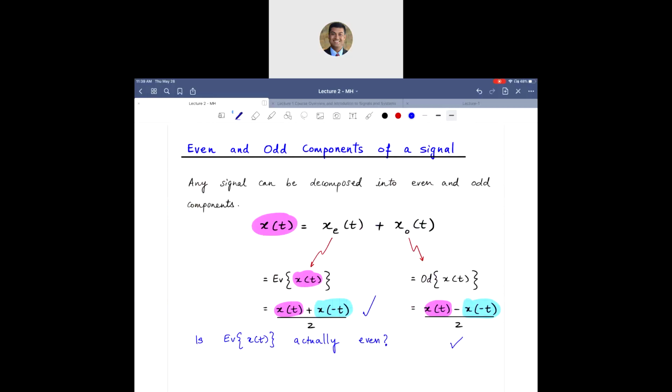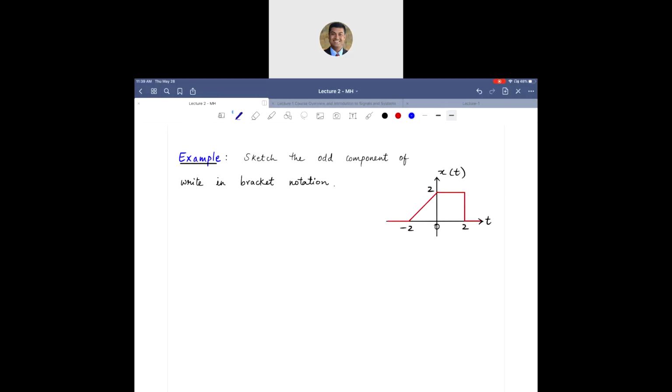And then similarly, you can ask a question over here: is the odd part of x of t actually an odd signal? So for it to be odd, it has to satisfy the property x of t should equal minus x of minus t. All right, so that's as far as the decomposition of the signal goes. I think working with an example is very useful for this.